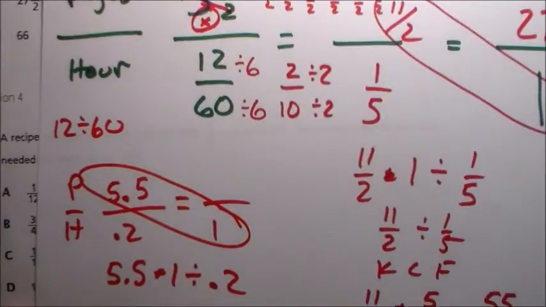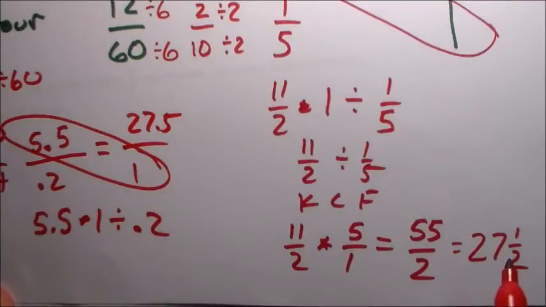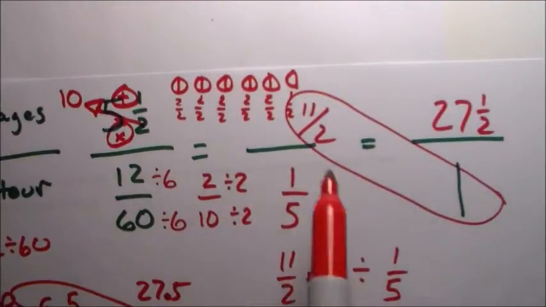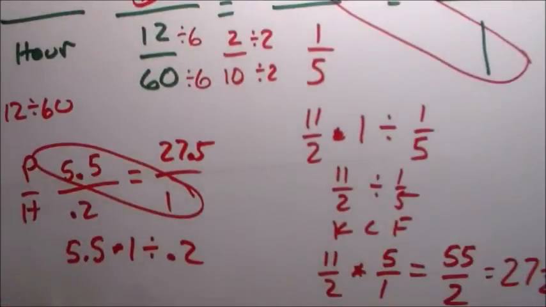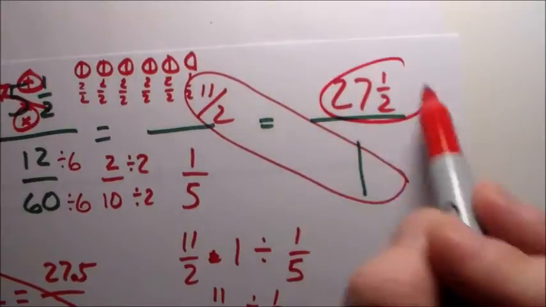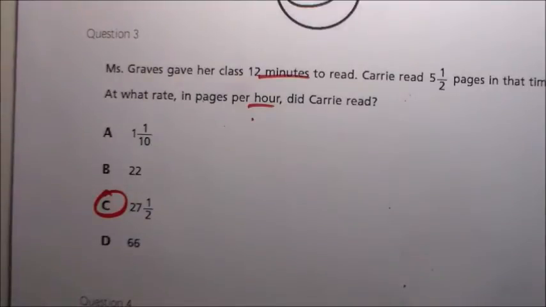Plug that in your calculator and you get 27.5, which is the same as 27 1/2. So instead of going through all this brain damage with the fractions, you can just convert them into decimals right off the bat and get the same answer. Either way you do it, or if you want to do it both ways to check your work, you're going to get 27 1/2, and we're good to go.